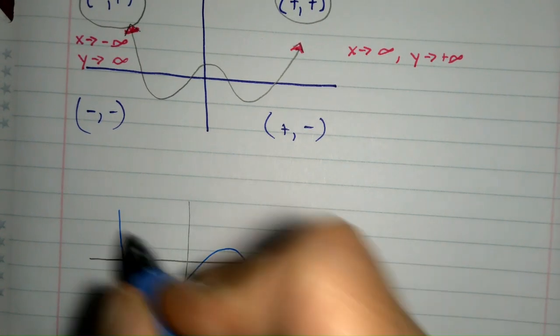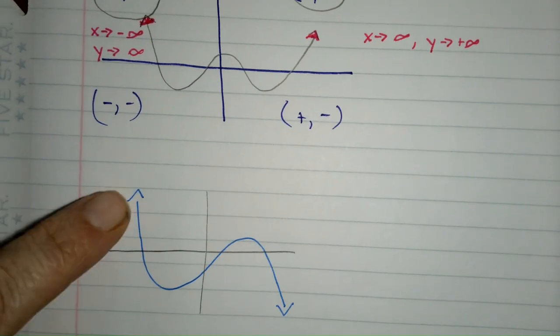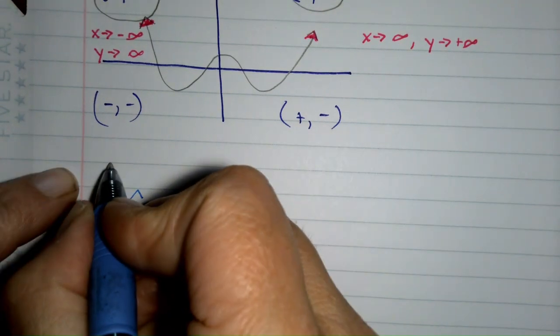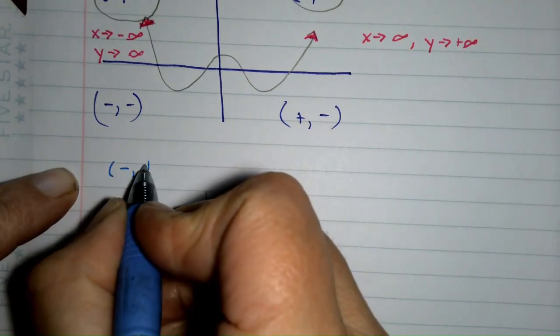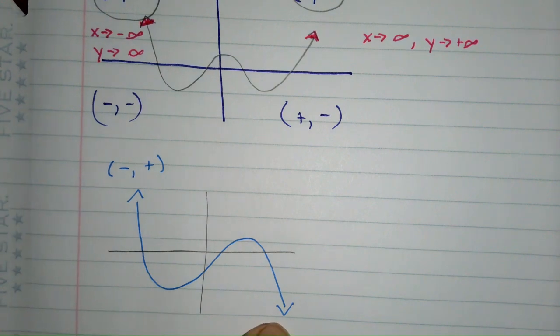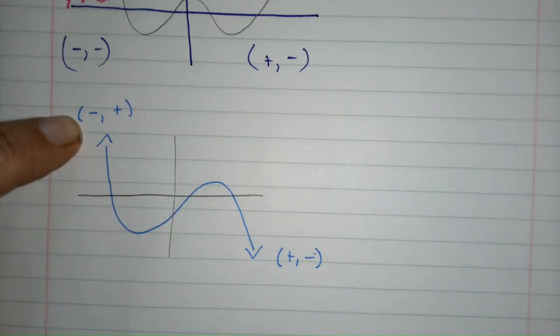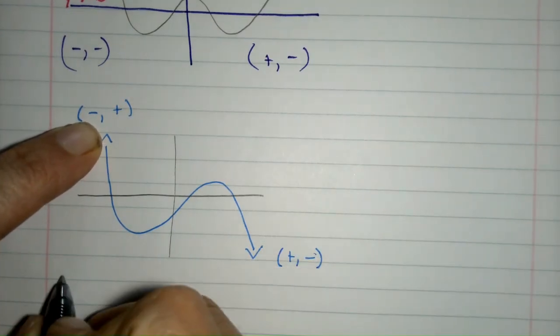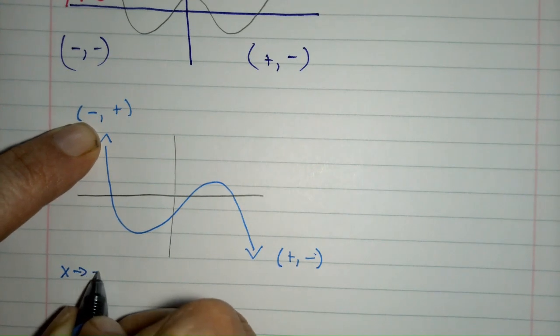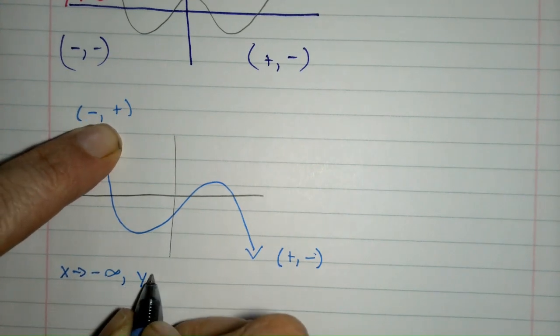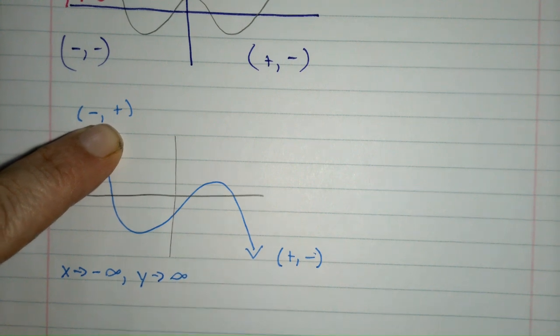So let's say this was my graph. Now this is quadrant 2, where it's negative, comma, positive. And this is quadrant 4, where it's positive, comma, negative. So for my end behavior, my left side, as x goes negative, y goes positive.